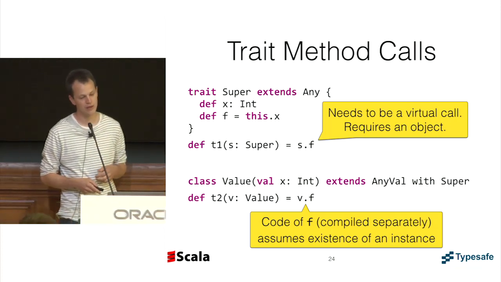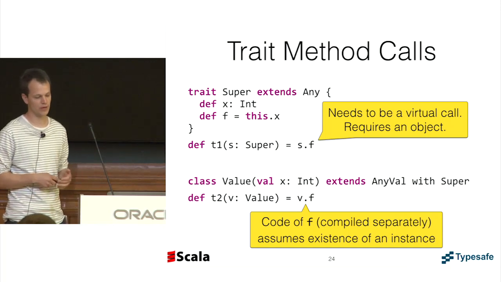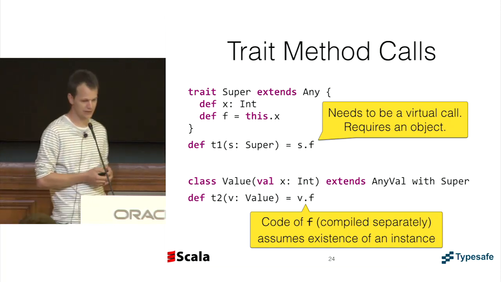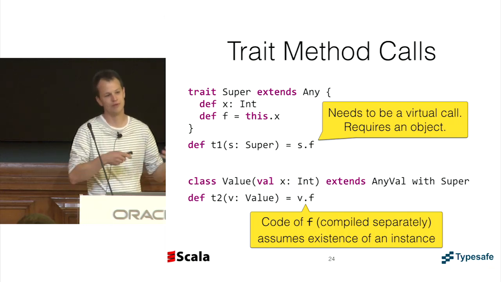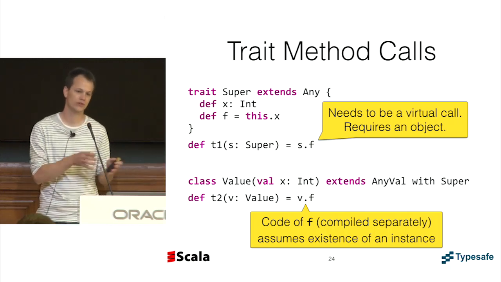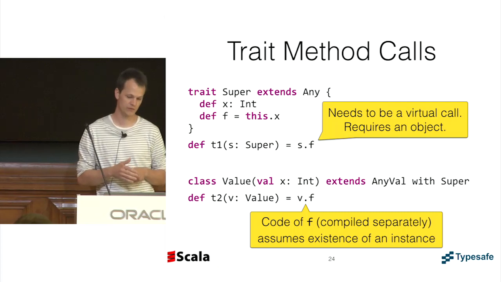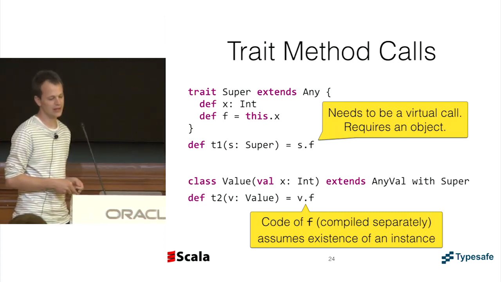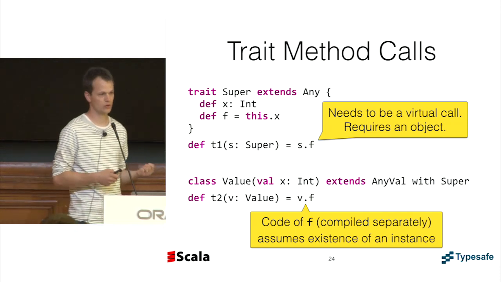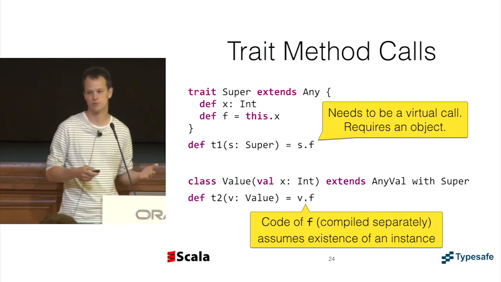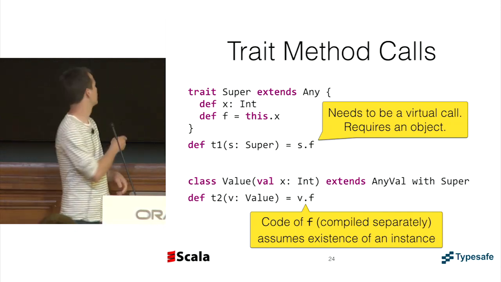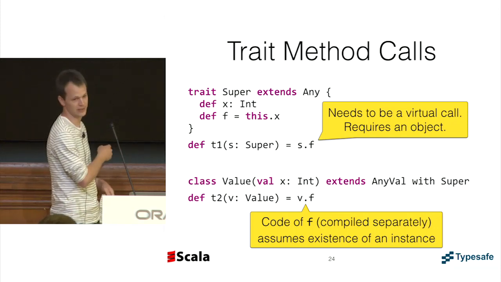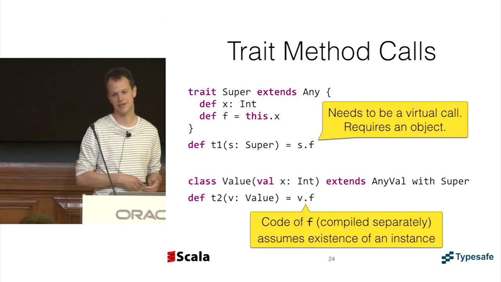Well, now on the other hand, if we extend the Super trait in a value class, then we actually know that there can only be that specific invocations, but there are a few problems. So first of all, the way the code was written, the code for f was emitted, it assumes to have this instance, right? So the code for this method here also does a virtual call to look up the x.